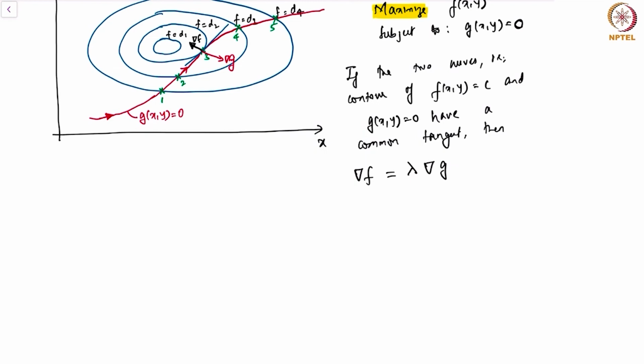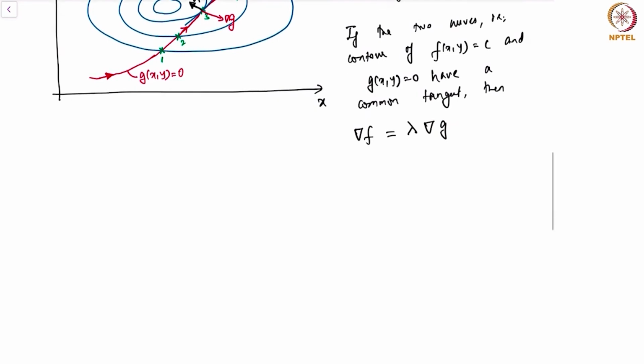We introduce a scalar lambda, which says that these two gradients can be related to each other. We've introduced a new variable called lambda, and this lambda is called the Lagrange multiplier.